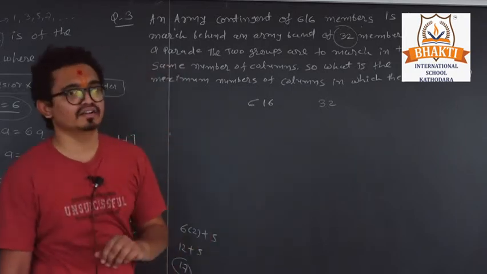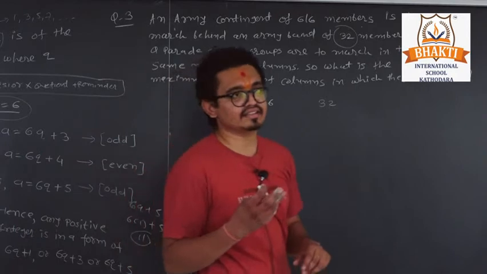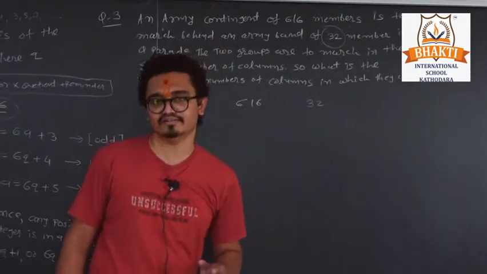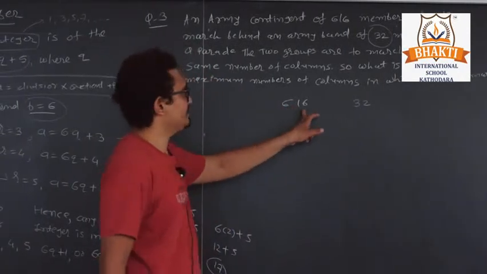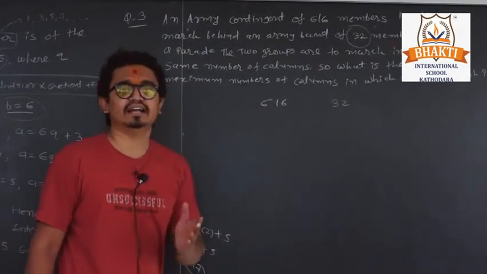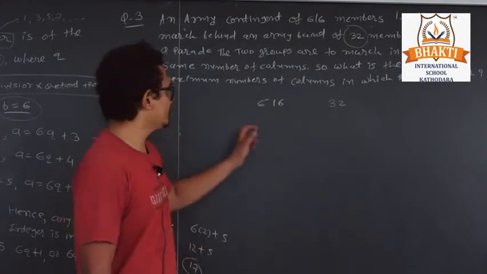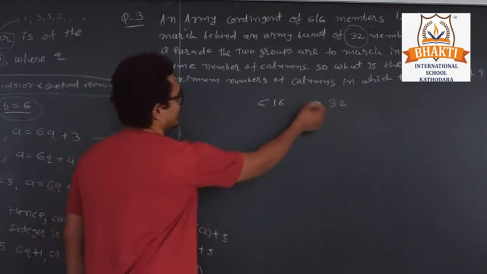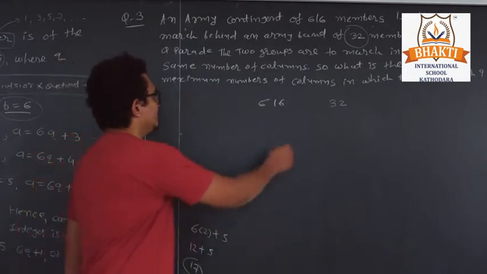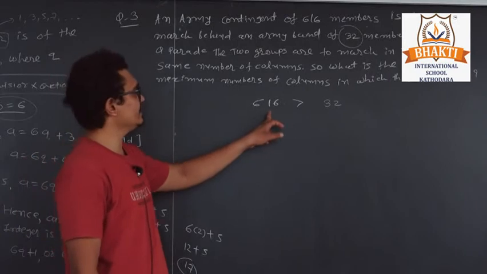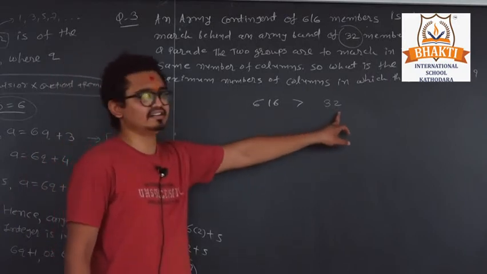It means, it is very easy, we need to find the HCF. If we find the HCF of the two, we can get the maximum number of columns. So which is the greater number out of the two? That will always be 616, and 616 is greater than 32.